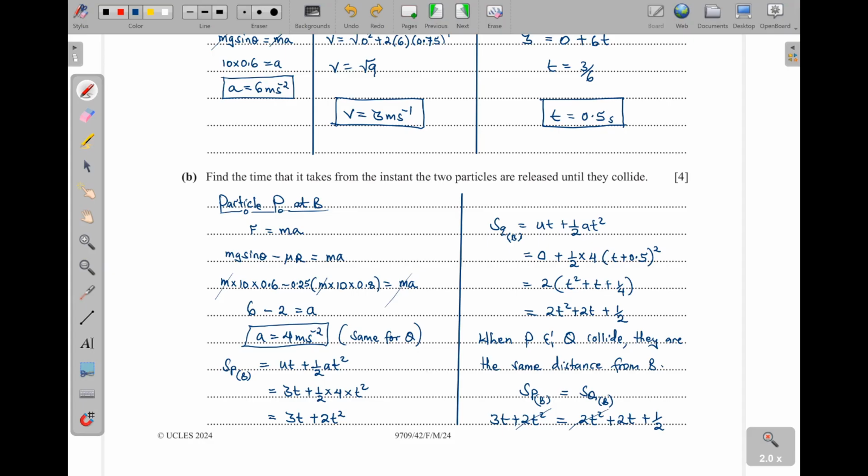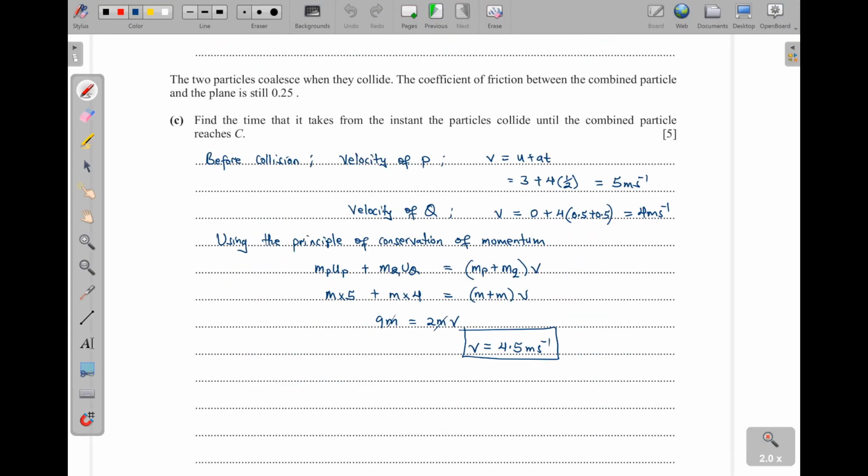So we can go back and we say that for T, which is equal to a half, then SP from B is equal to, remember it is 2T squared, so it took a time of a half, and then plus 3T. This one here is 1 over 2, then plus 3 over 2.